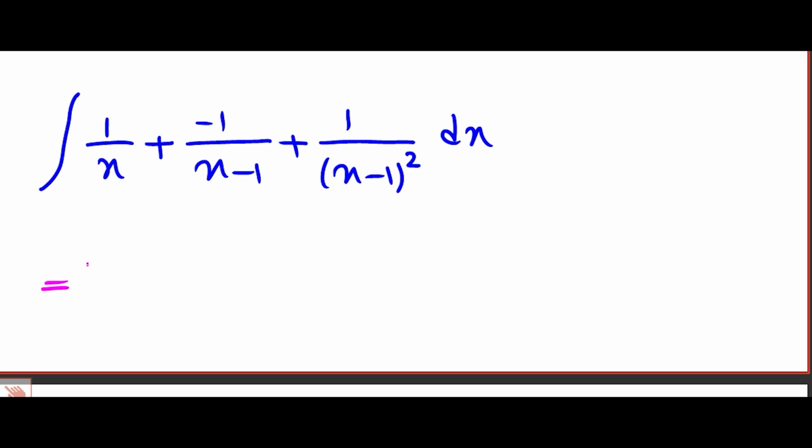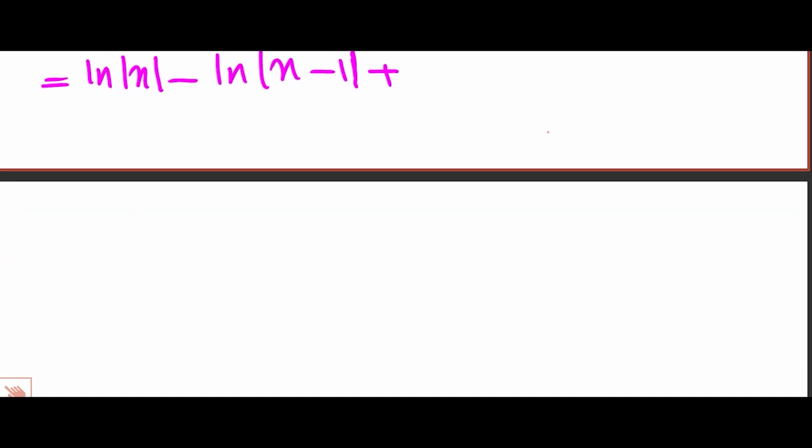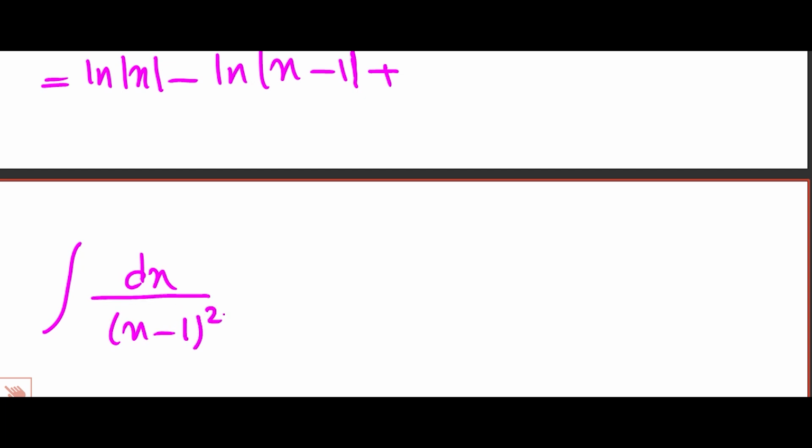dx over x is ln of the absolute value of x minus dx over x minus 1 is ln of the absolute value of x minus 1 plus, and the integral of dx over x minus 1 whole squared, we use the power rule. We have the integral of dx over x minus 1 whole squared equals the integral of x minus 1 to the power of negative 2 dx, right?